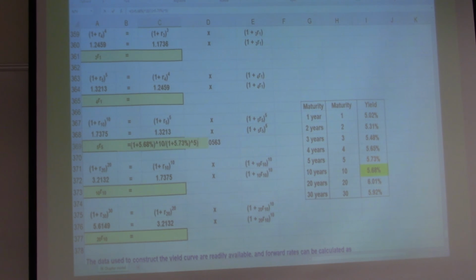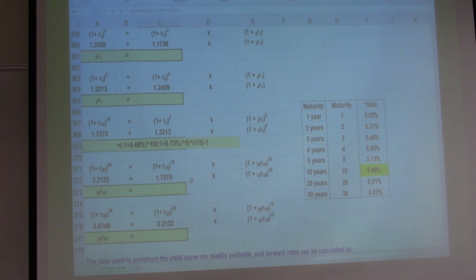And then now you got the 5-year interest rate. Now you have to take the power of 1 over 5 because it's 5 years. And then you subtract 1. Yeah, I got the same answer. So you see the other equation? It's the same thing, but it's 5.